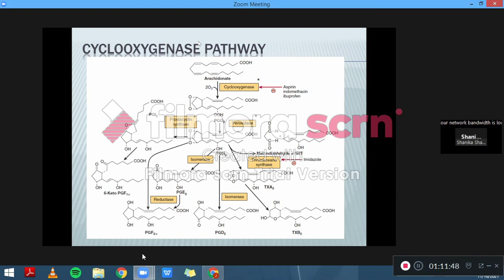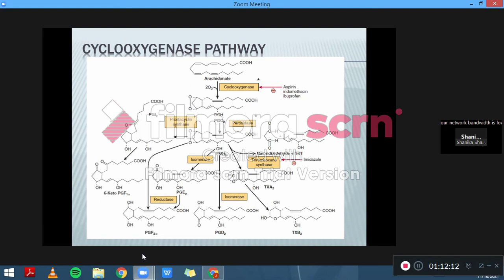Yes. It means, for example, as you can see at the red negative side, from arachidonate there are two pathways: cyclooxygenase or the lipoxygenase pathway.